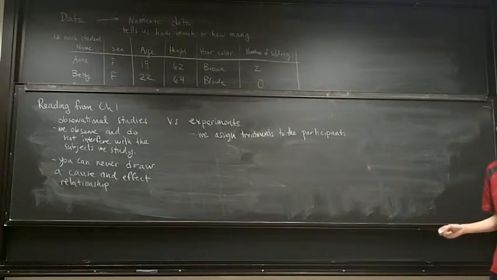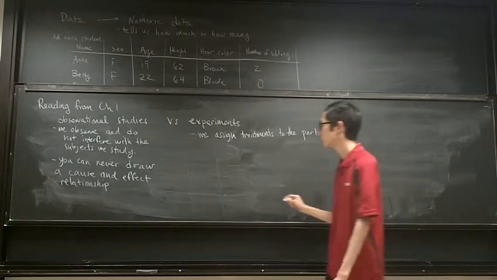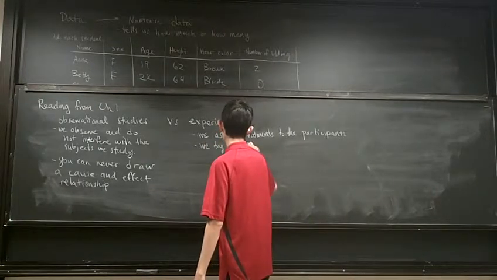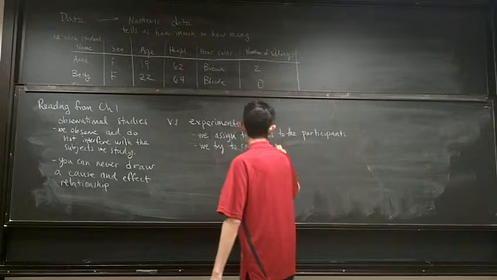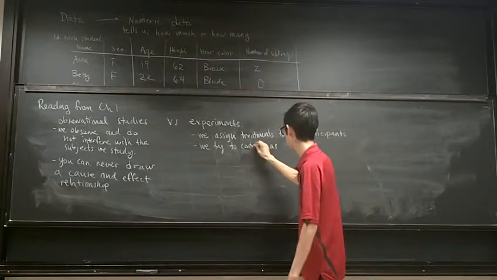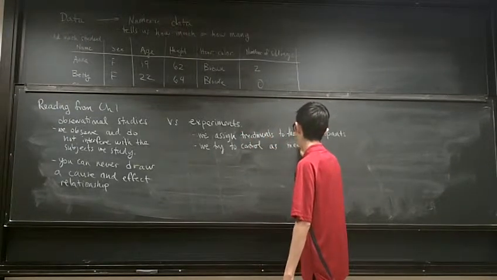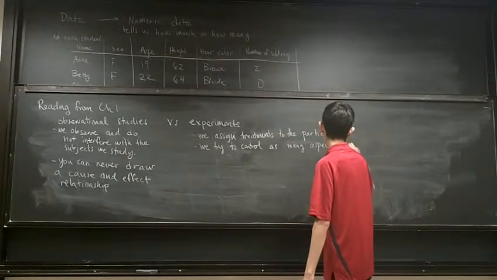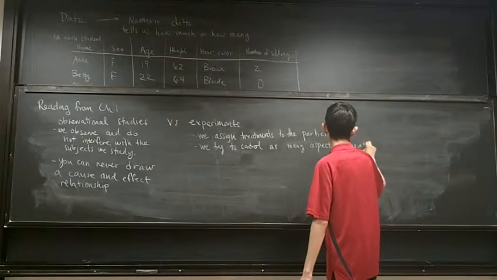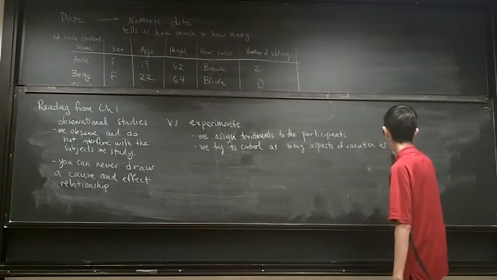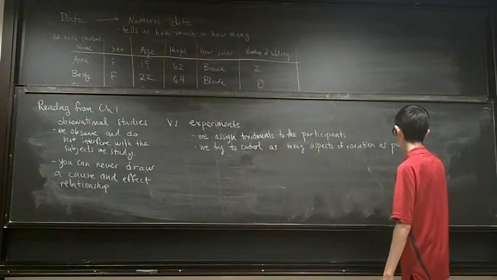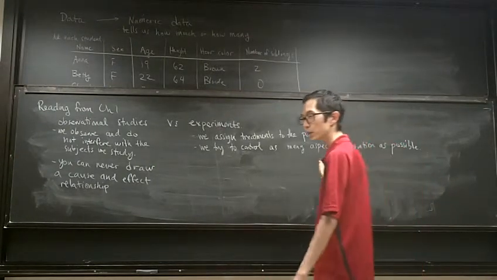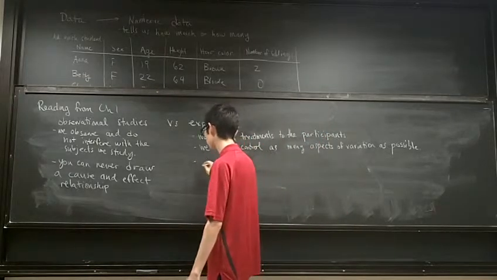And we try to control as many aspects of variation as possible. And if the data support it, we can draw the cause and effect conclusion.